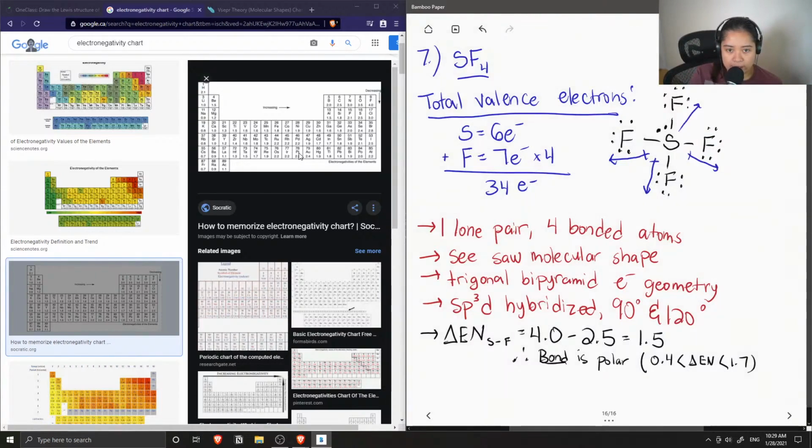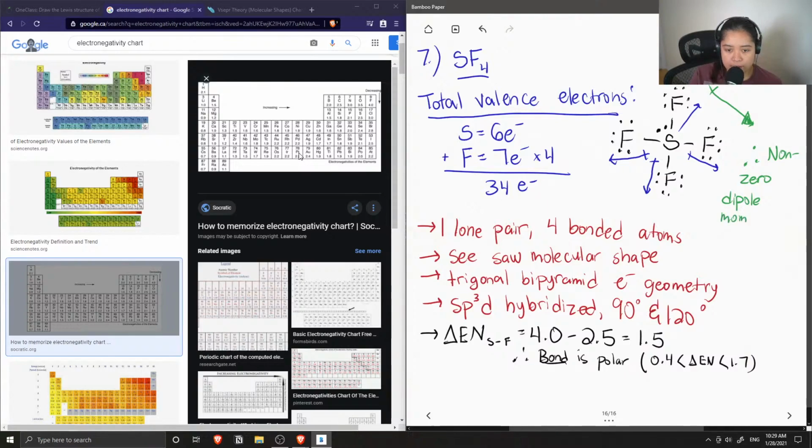So we'll actually have a net dipole moment going towards all of the fluorines, like that. So we can say that we have a non-zero dipole moment.